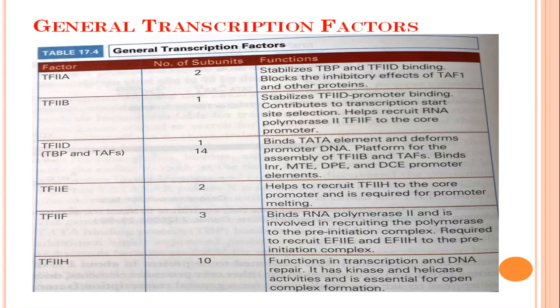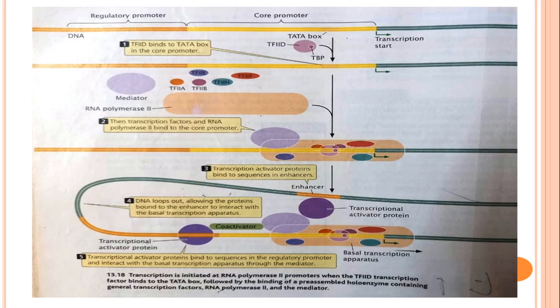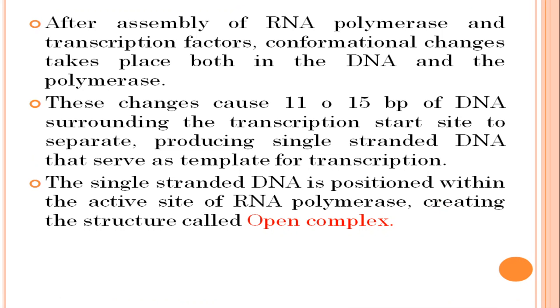And this is the way how sequentially all the factors bind along with RNA polymerase and form the pre-initiation complex. You can see over here TF2D, TF2A, 2B, polymerase, 2F, 2E and 2H. This is the order of binding of different components at the transcription core promoter. This picture again shows how the protein factors bind and form the pre-initiation complex.